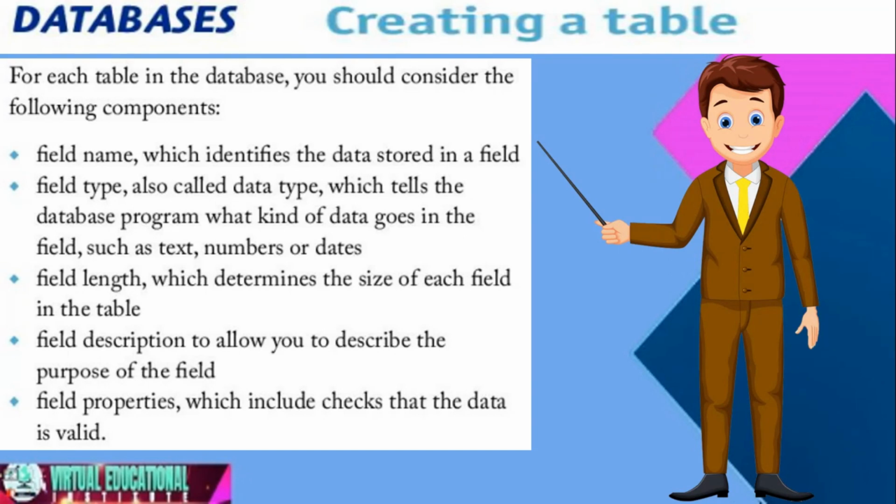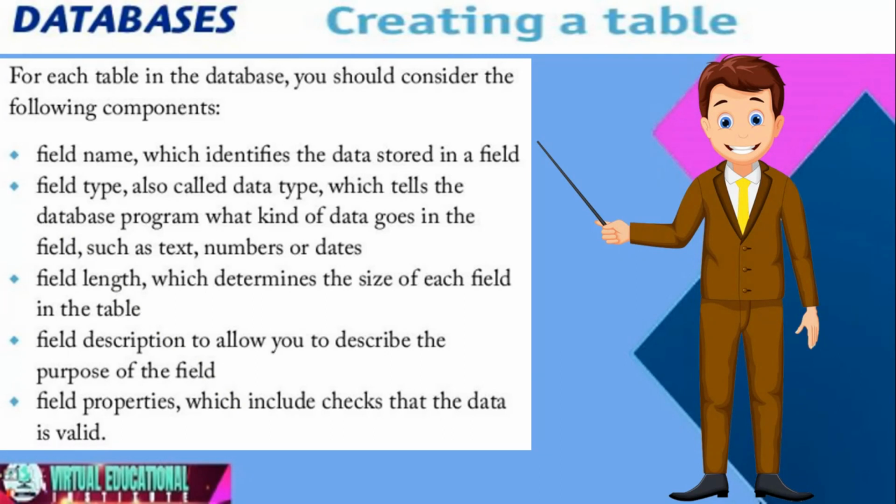Now, for each table in the database, you should consider the following components. Simply put, when you're creating a table, there are some components that make up that table that you should know about. Very important.